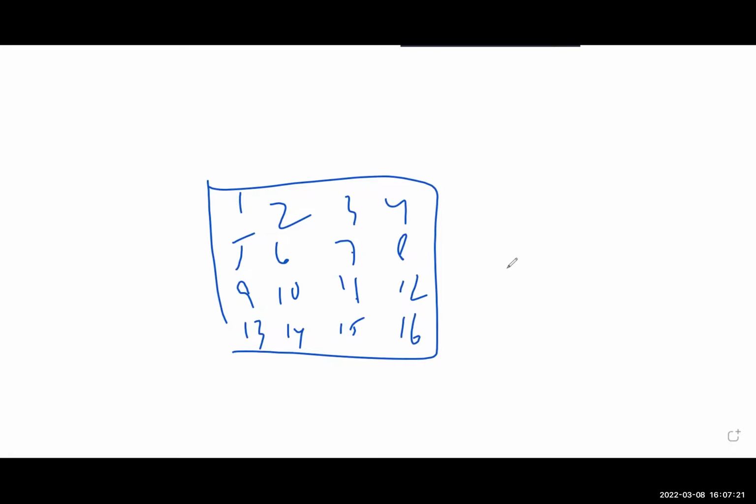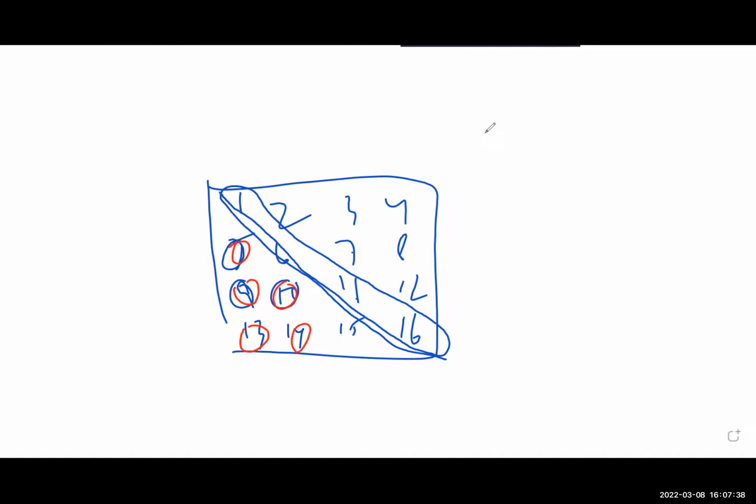So 1, 6, 11, 16, this one is the diagonal, okay? So then you put all of this 0. On the lower triangle, try to put 0. The upper triangle is still the same, so still 1, 6, 11, 16.